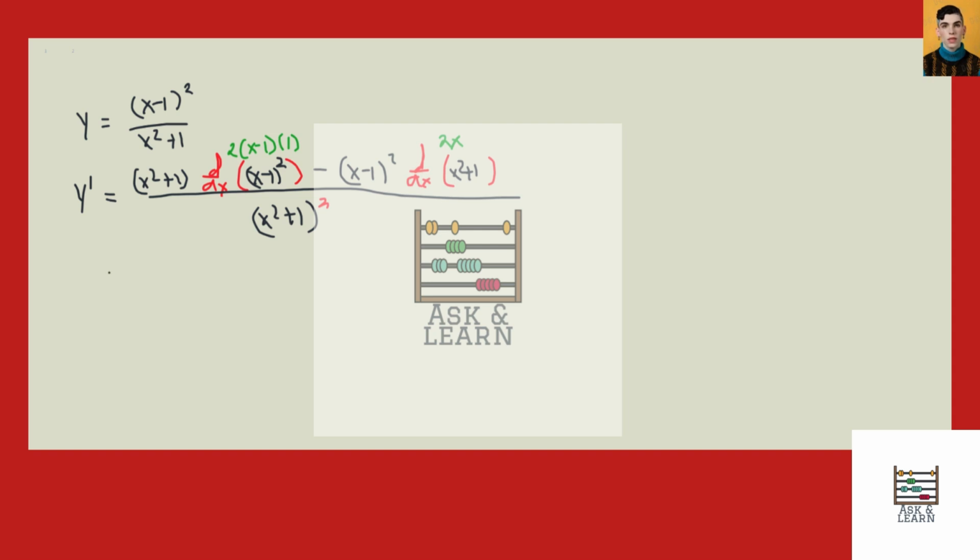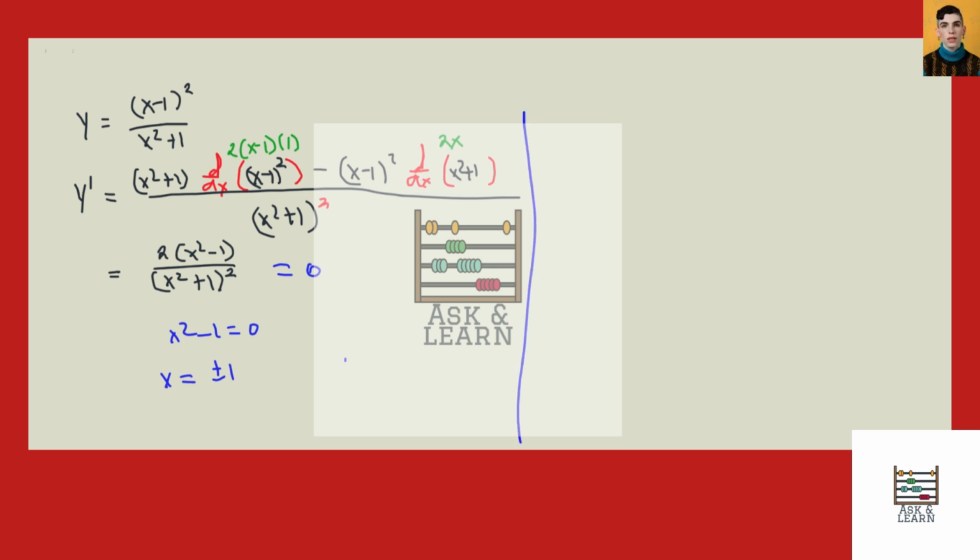All right, now if we were to go ahead and do all that algebra and simplify and do a little bit of factoring, we'll end up with 2 times x squared minus 1 over x squared plus 1 squared for y prime. And we can go ahead and find what our critical values are going to be. So that just implies that x squared minus 1 is equal to 0, or x is equal to plus or minus 1.